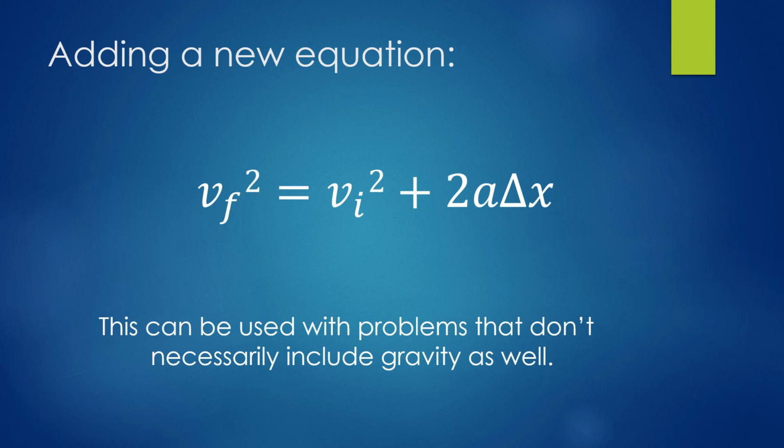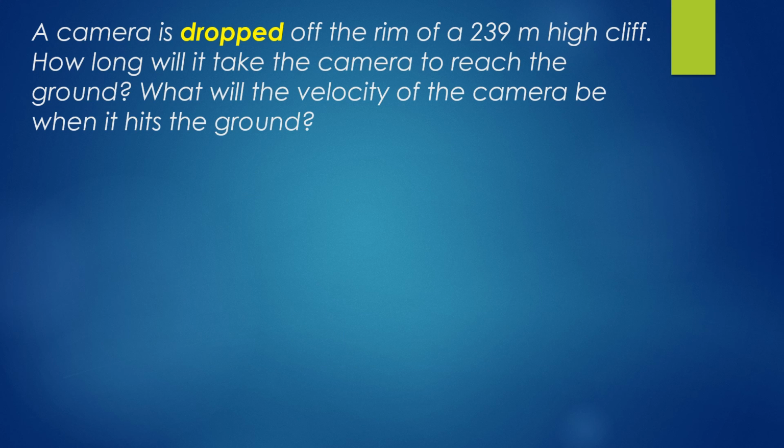However, we have a new one we're going to add, and that's final velocity squared equals initial velocity squared plus 2 times acceleration times delta x, or displacement. This also can be used with problems that don't necessarily include gravity as well. So acceleration can be due to gravity, so then it'll be negative 9.8 meters per second squared, or any other acceleration.